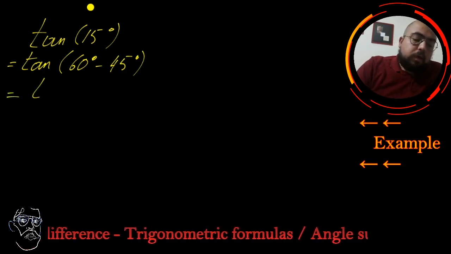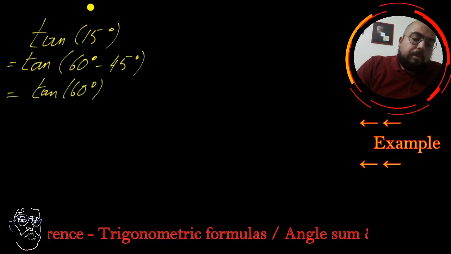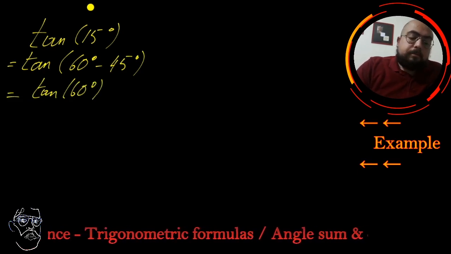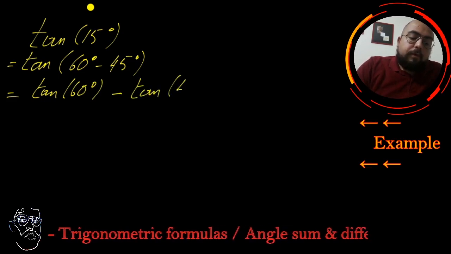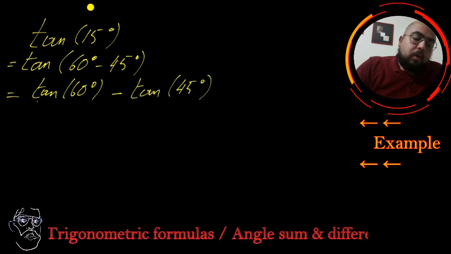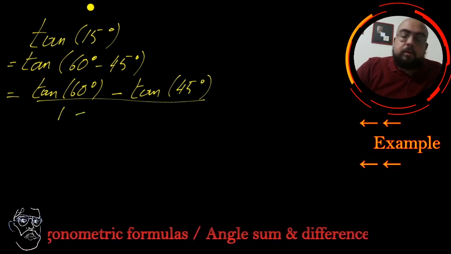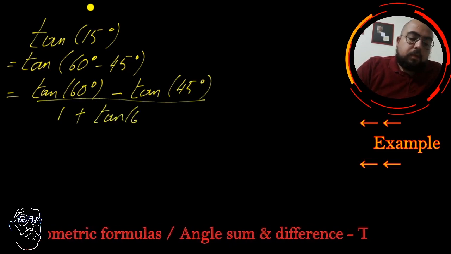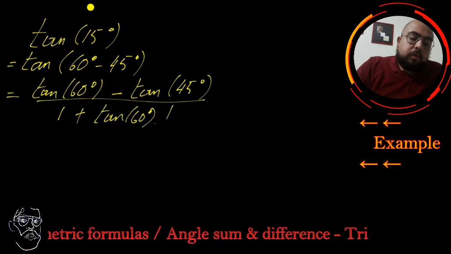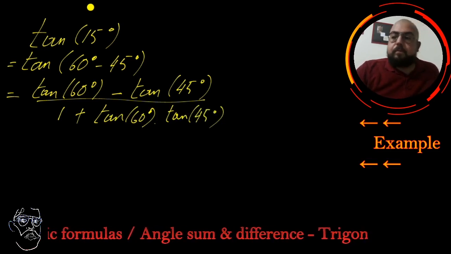It's equal to tangent 60 degrees minus tangent of 45 degrees over 1 plus tangent of 60 degrees times tangent of 45 degrees.